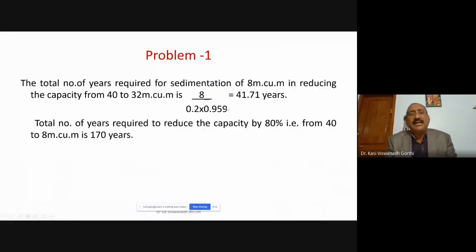be calculated like this. The total number of years required for the sedimentation of 8 million cubic meters. What is this 8? 8 is from 40 to 32, 8 million cubic meters. Reducing the capacity from 40 million cubic meters to 32 million cubic meters is 8 by 0.2 into 0.959, the average trap efficiency value.